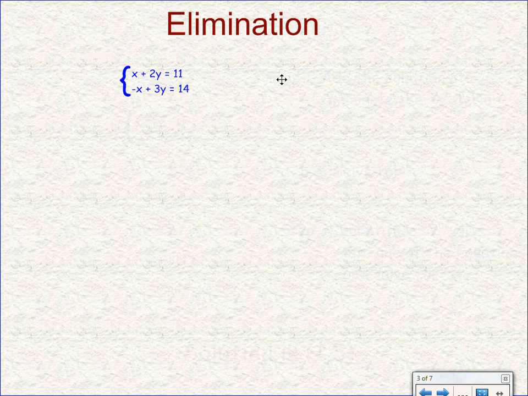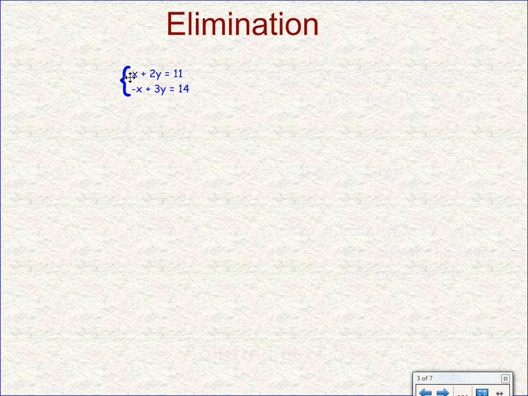Now, the first step for elimination: I'm going to eliminate one of these terms. Allow me to express something that you can use as far as eyeballing to see which method you should use. If you have terms that are equal and opposite, then you can use elimination.